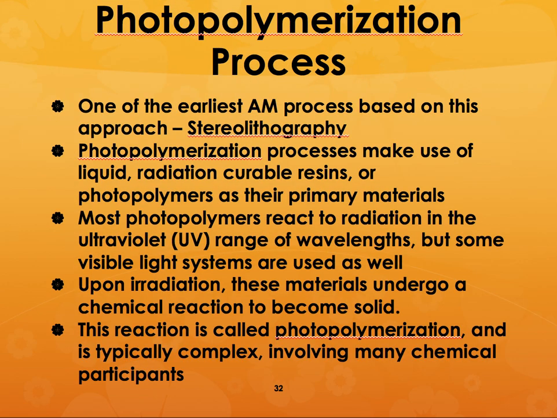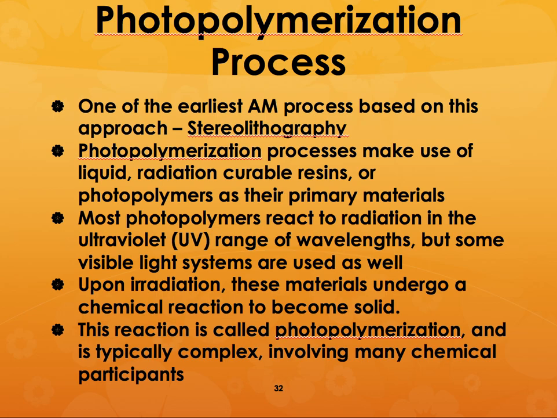So just to start out, we will talk about photopolymerization. Photopolymerization is a process that is used in the stereolithography process. And here we are using a liquid radiation curable resin or photopolymers as the primary materials.